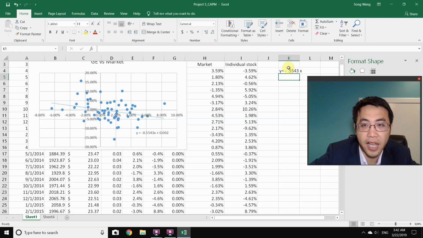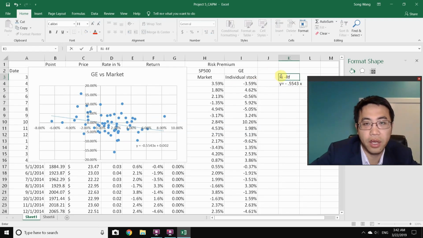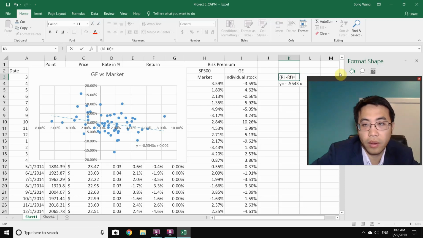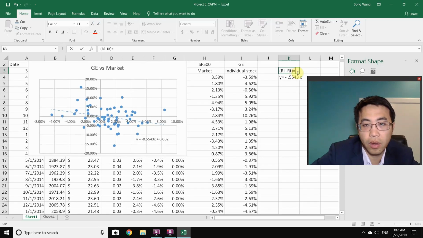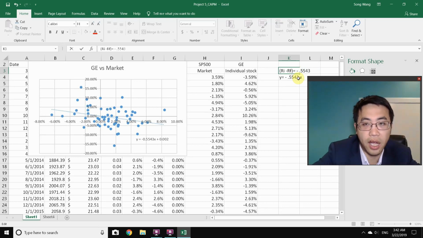So that basically is saying the Ri minus Rf, which is my risk premium, equals negative 0.5543 times Rm minus Rf.